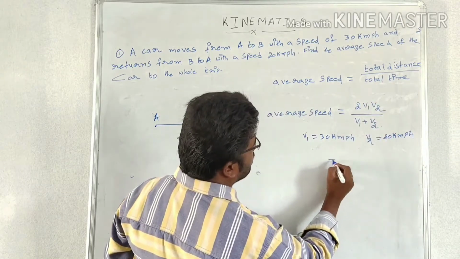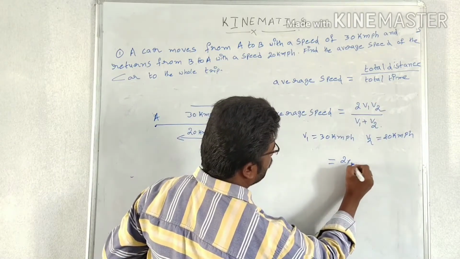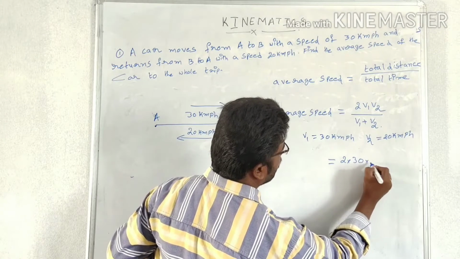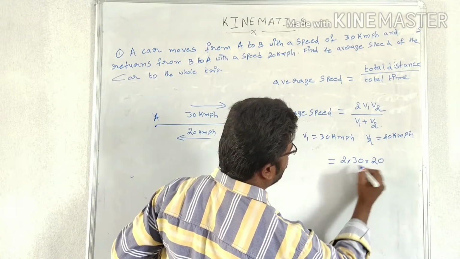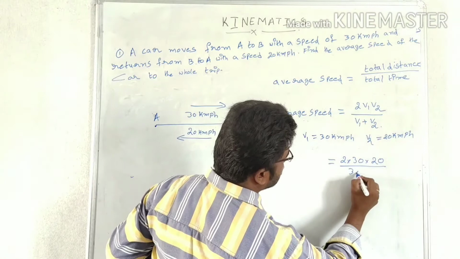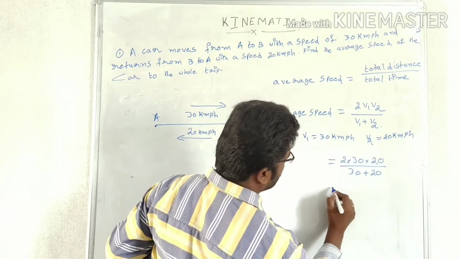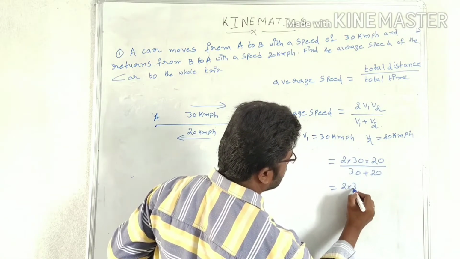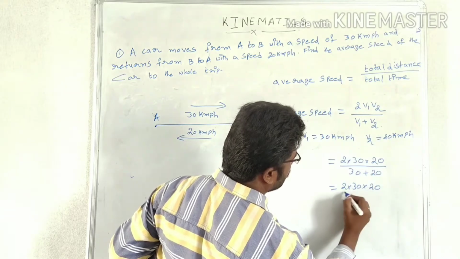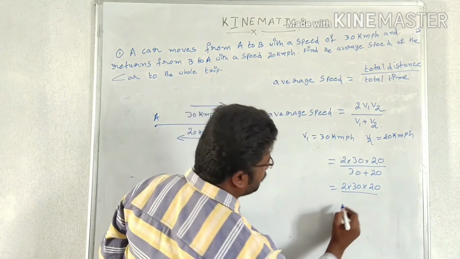Now we calculate: 2 into V1 that is 30, V2 that is 20, by 30 plus 20, that is 50.